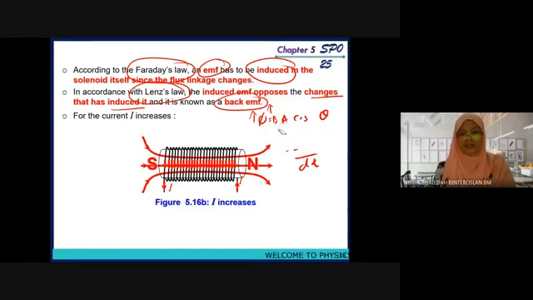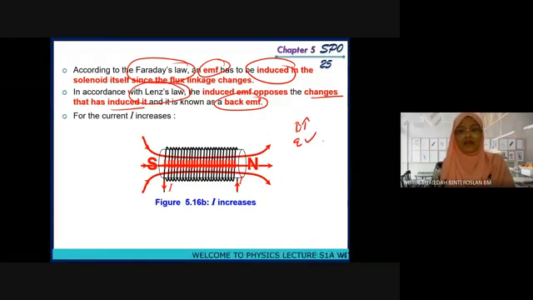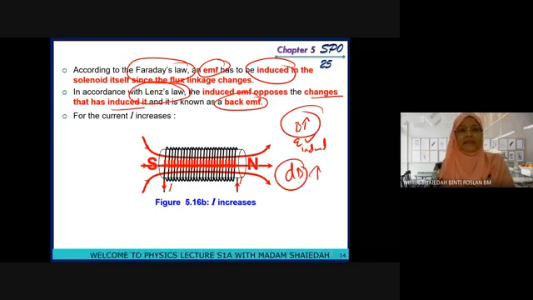So kalau awak tengok dekat sini, B saya makin meningkat. So wujud Faraday law. So Faraday ada wujud induced EMF. So akan wujud imaginary battery inside here. But how do we want to know which one is positive, negative? By using Lenz law. So Lenz law doesn't like the change here. Dia tak suka B ni meningkat. Dia kata jangan B ni nak meningkat.